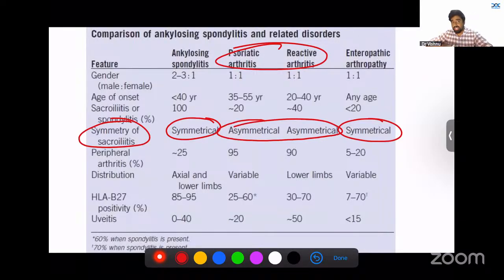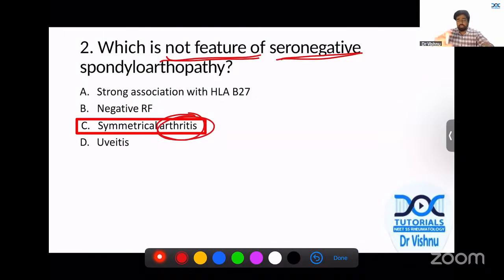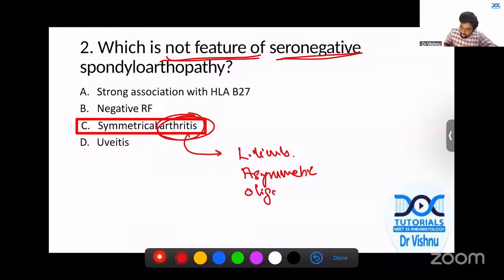This is about sacroiliitis. But the arthritis, predominantly peripheral arthritis, that he's talking about here, is lower limb predominant, asymmetric, and a type of oligoarthritis.